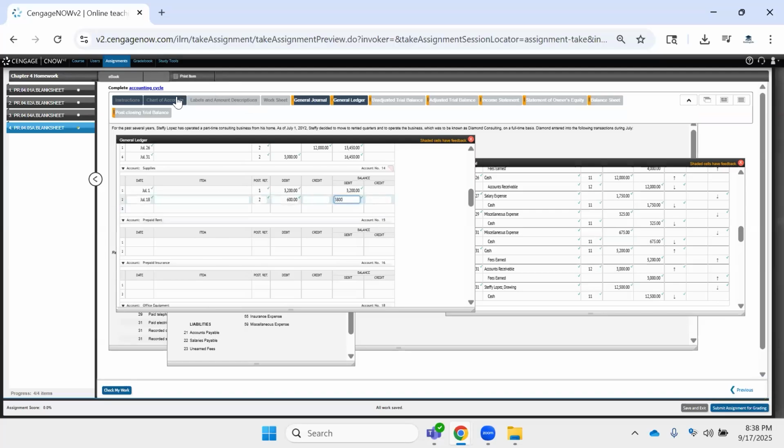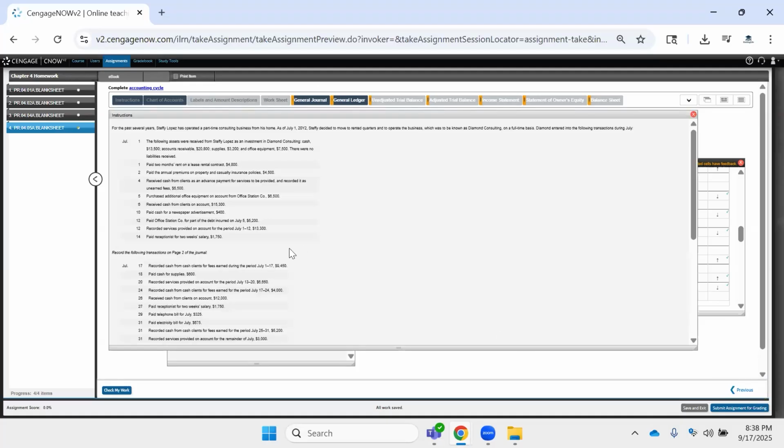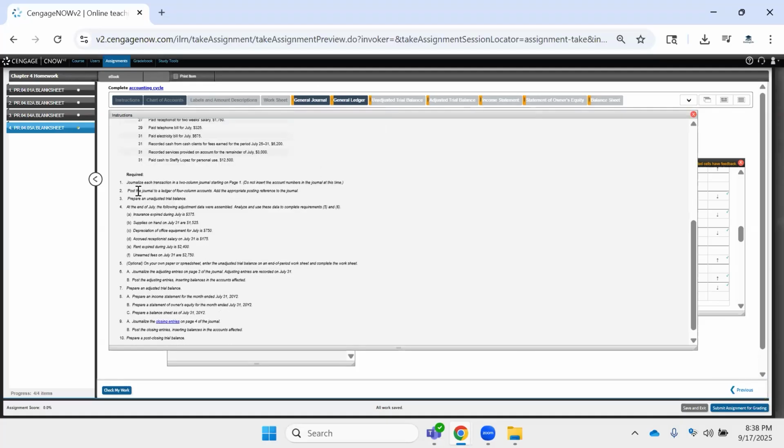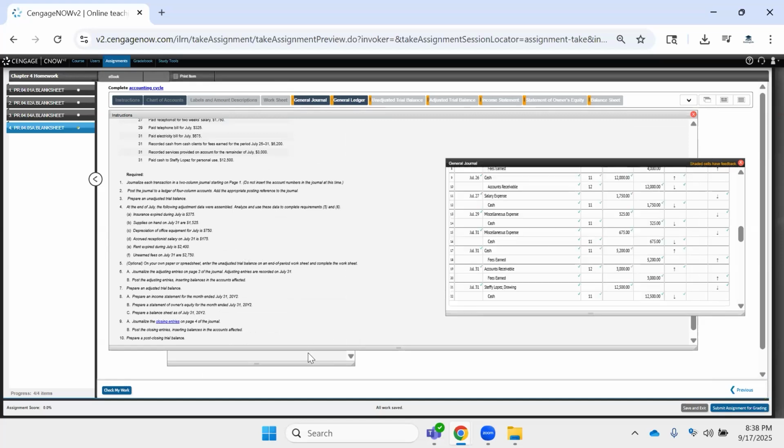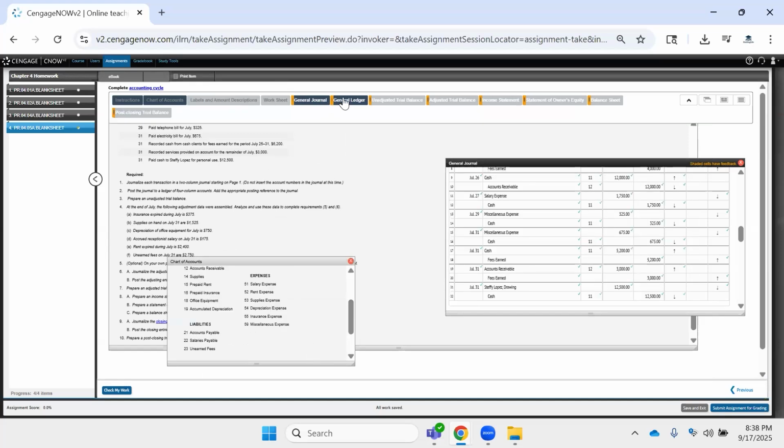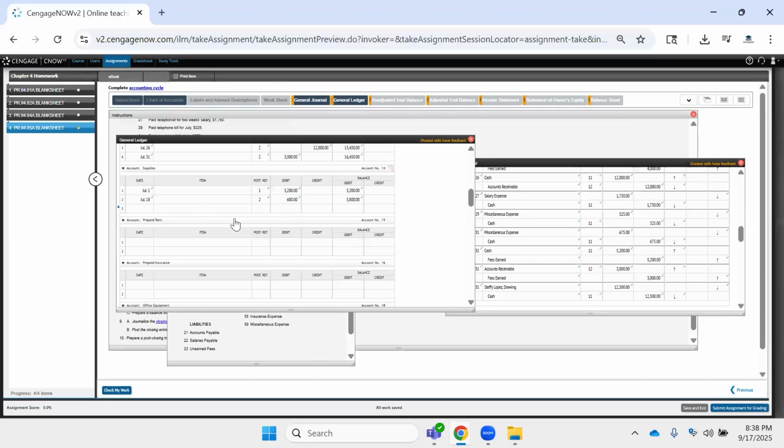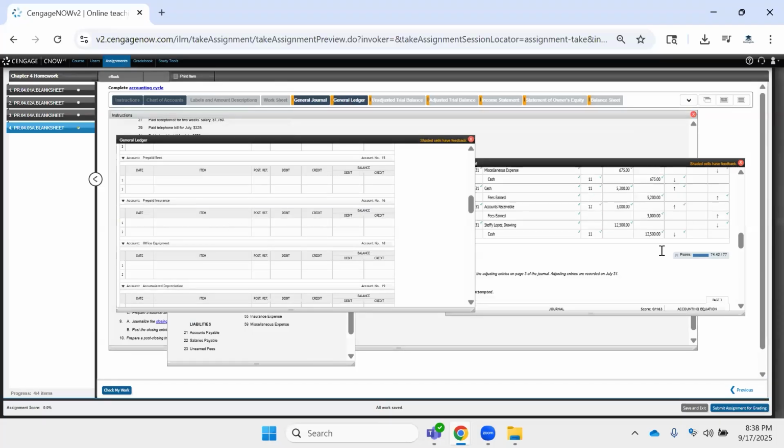However, as you can see in our adjusting journal entries, supplies on hand is 1,525. So we will return to this when we do our adjusting journal entries, and then we'll have to put another entry in the general journal for this.